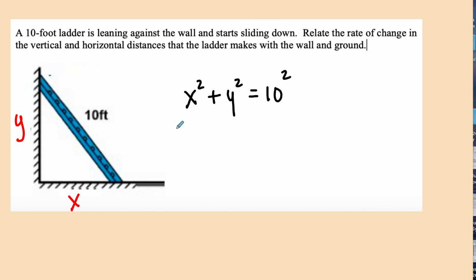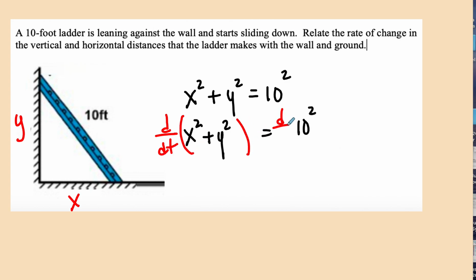And the reason why is because this hypotenuse is not changing. It stays the same number. All right, now I'm going to rewrite the problem because my next step is to take the derivative with respect to time. So I'm going to take the derivative with respect to time of this side and take the derivative with respect to time of this side.